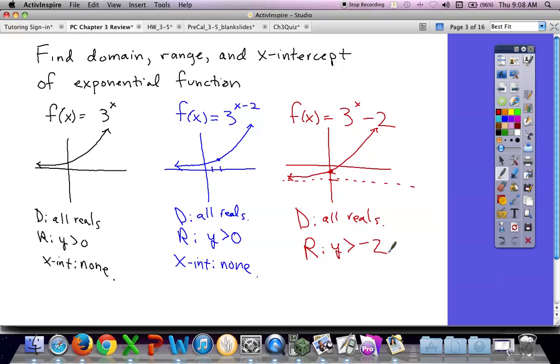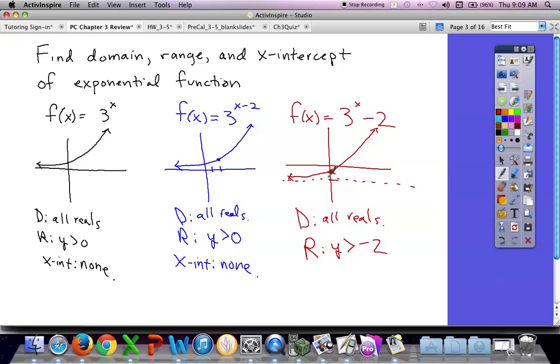If it was greater than 0 before, you subtract 2, now it's greater than -2. It's not or equal to, and you don't want to look at it and start with -1. Like if you said y is greater than or equal to -1, you're wrong, because you just missed all the points in between -1 and the line y equals -2, right? We don't start just at whole numbers.